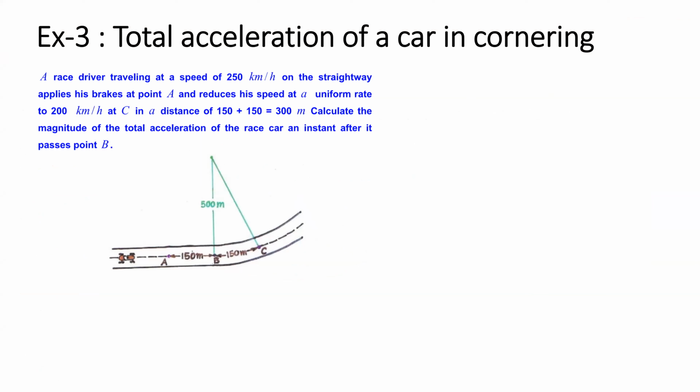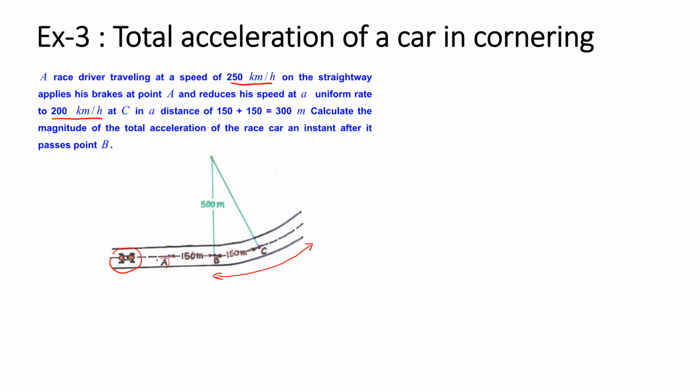Okay, there is a race car, and it's traveling with a speed. It drives along a straightway, and it enters the cornering. If we just consider the acceleration in the direction of travel, it changed the speed from 250 km per hour to just 200 km per hour.